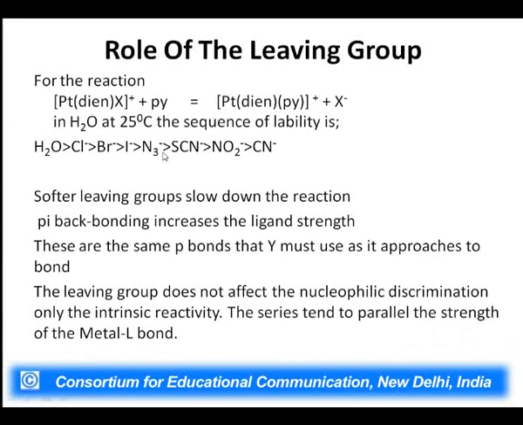So if the leaving group is softer, it slows down the reaction, that is, it is less labile. The reaction is more inert when platinum is complexed with softer ligands. At the cyanide end, pi back bonding increases the field strength, that is, the metal-ligand bond strength is increased, so breaking this bond becomes difficult, and as a result the rate of reaction decreases when pi back bonding is involved.